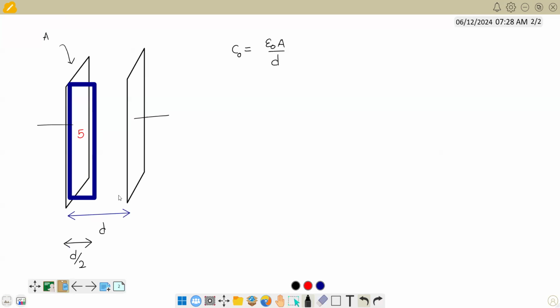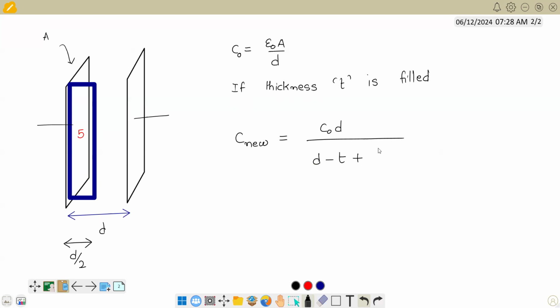Once we fill something between the plates of the capacitor, for example, if thickness t is filled, then the new capacitance would become C naught into d by d minus t plus t by K. This is the formula for new capacitance if a dielectric is filled between the plates of a capacitor compared to the original one. How we got this formula, I'll derive at the end of this video. So first let us use this formula to solve this.